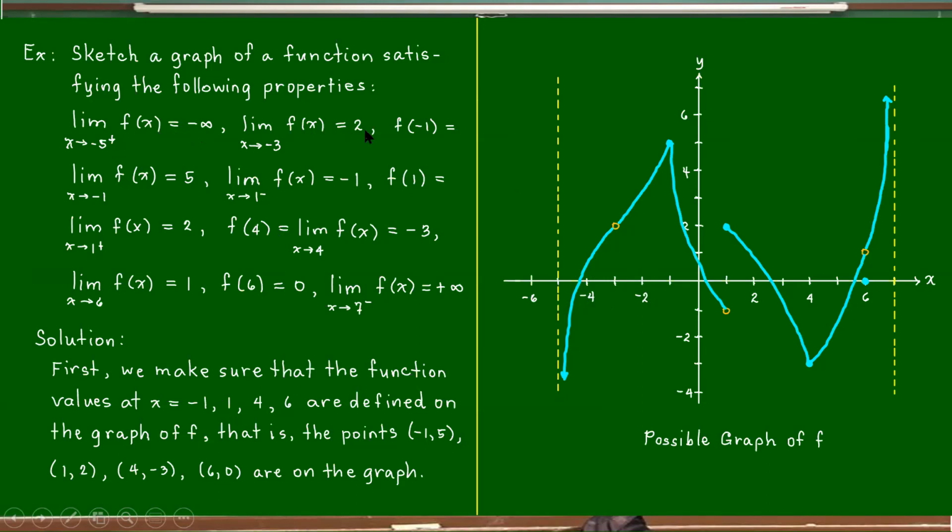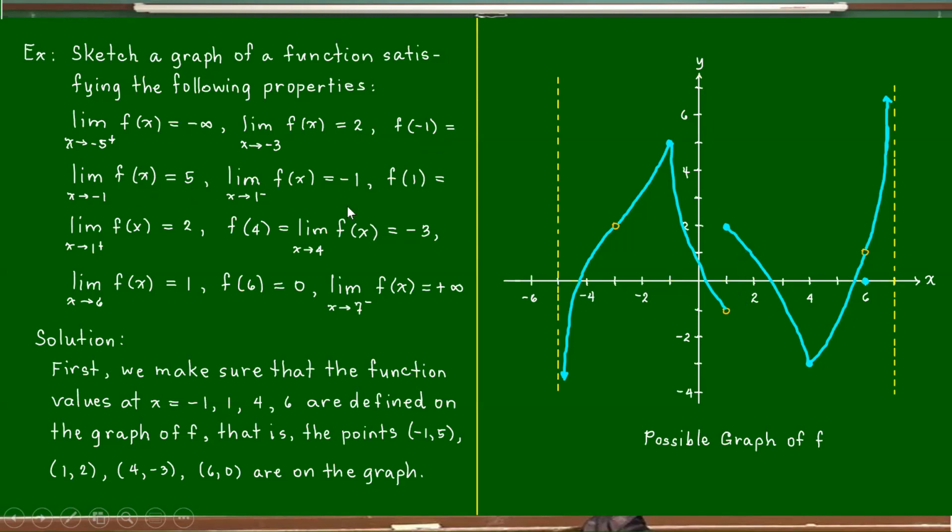The limit of f of x equals 2 as x approaches negative 3, from the left, okay, 2. f of negative 1 is equal to 5, okay. And the limit of f of x as x approaches negative 1 is also 5. So it is defined, and of course, the limit exists also.